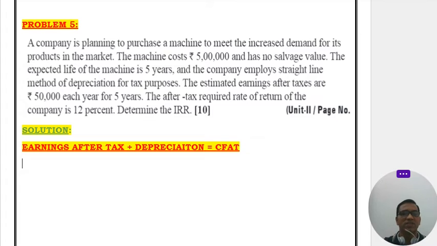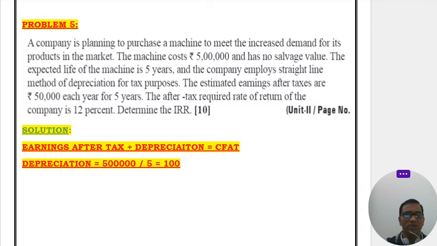So already earnings after tax is 50,000. Depreciation you can calculate easily. Depreciation is equal to cost of the project 500,000 divided by life 5 years, that equals 100,000.